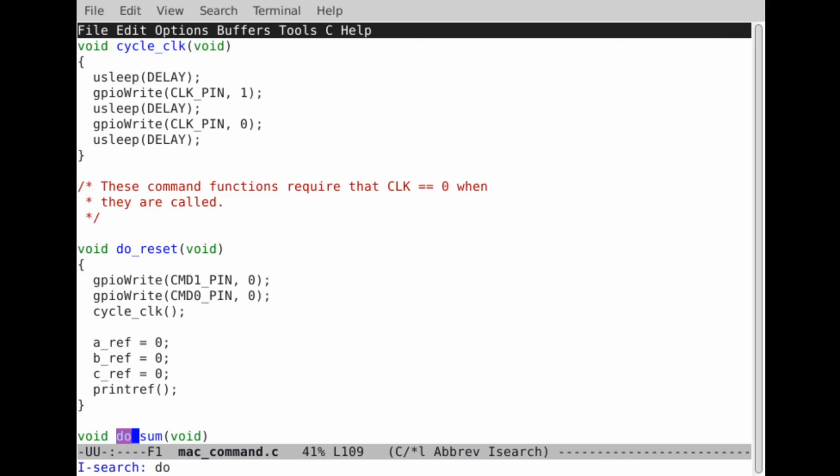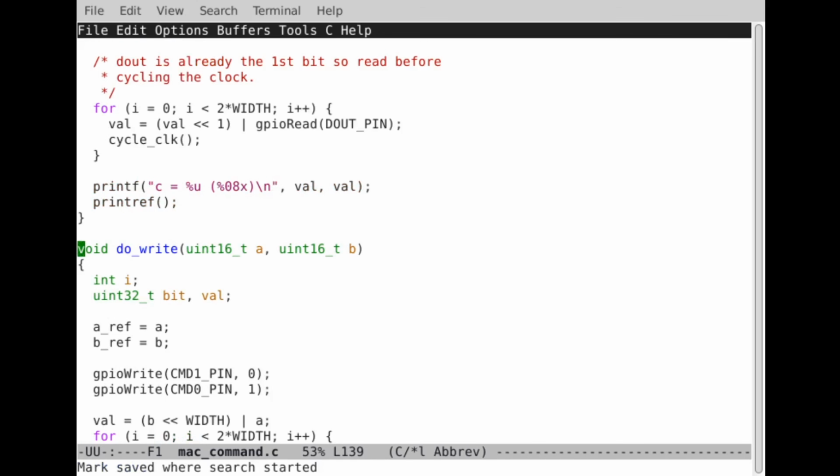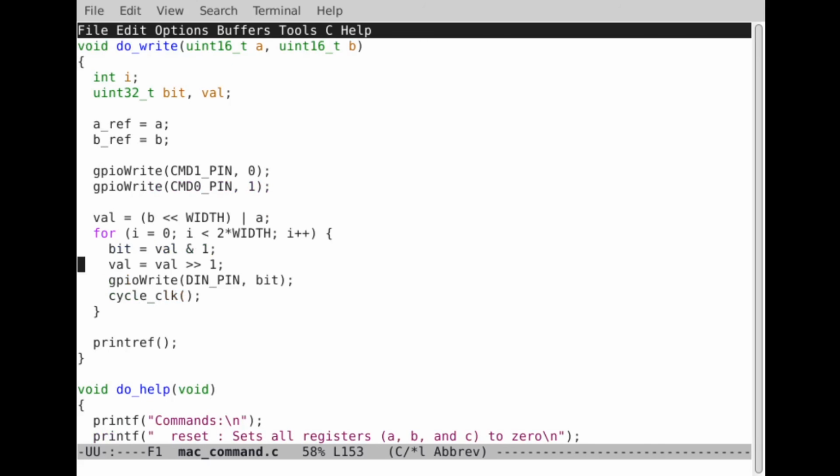Now let's look at do write. It's passed in A and B, which are to be written to the FPGA. You set the commands to 0, 1. Then set val to a 32-bit variable, which essentially contains both B and A. The idea is that we have a loop here that sets D in to the bits of A and B successively and cycles the clock.